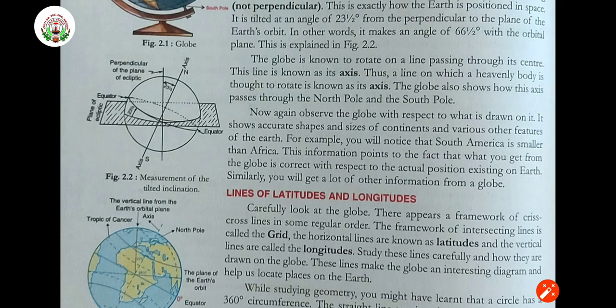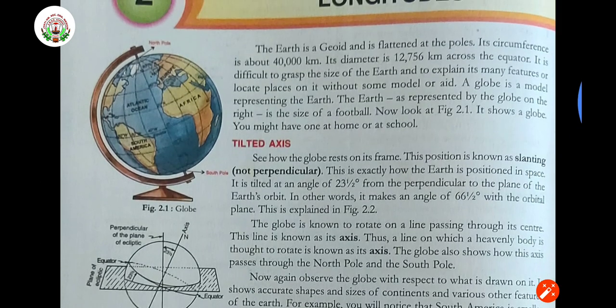Now again observe the globe with respect to what is drawn on it. It shows the accurate shape and size of continents and various other features. You can rotate the globe also. You can see the backside portion of the earth also.